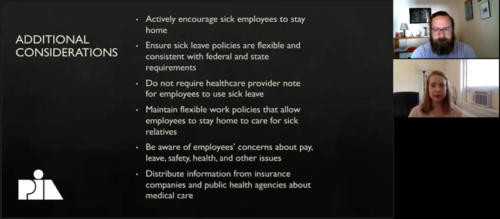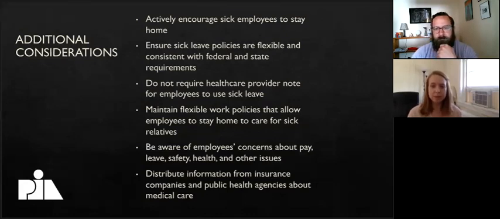So for the next couple months, you can really emphasize that if an employee has a cough or demonstrates other COVID-19 symptoms, they don't need a doctor's note to take sick leave, and we'll hit on that later as well. Dropping any requirements for healthcare provider notes for sick leave, maintaining a flexible work policy that allows employees to stay home to care for sick relatives, so that if they are potentially exposed at home, they're not then passing it along to people in the workplace without demonstrating symptoms.